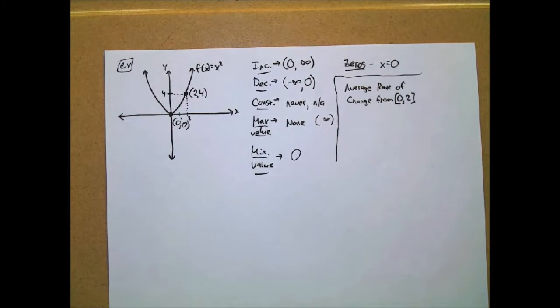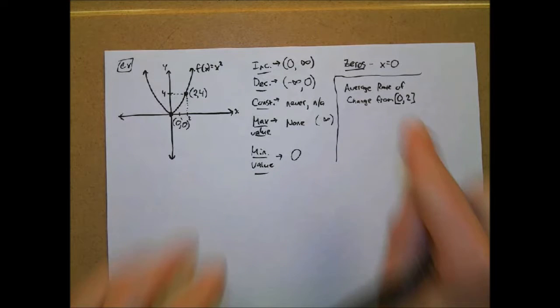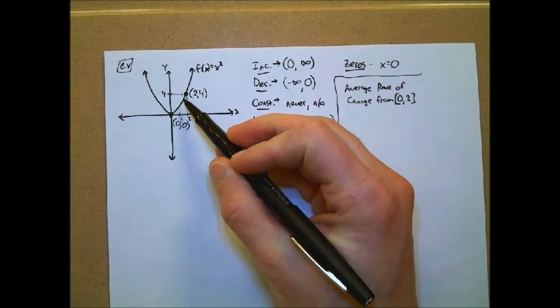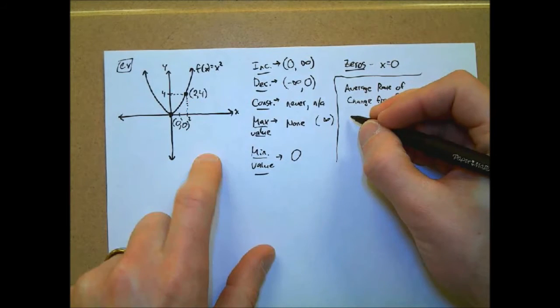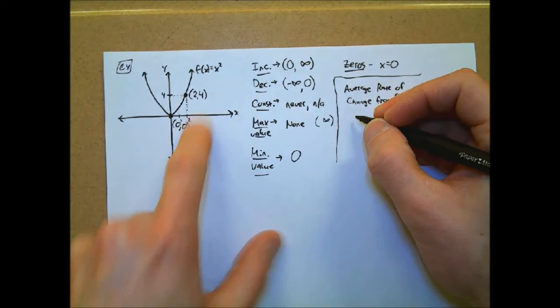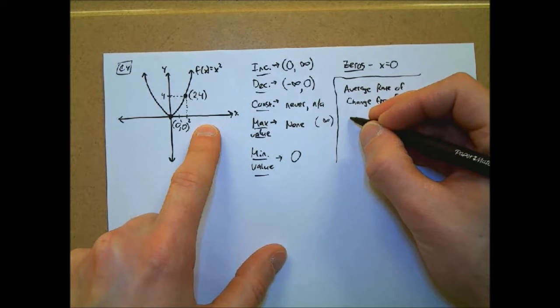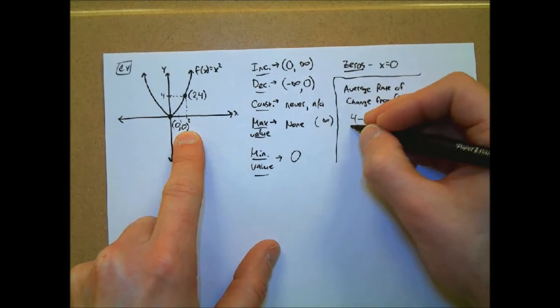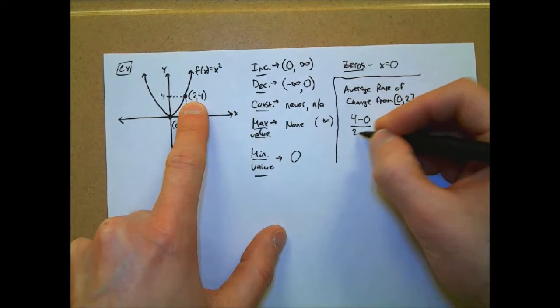So how then do we find the average rate of change from this point to this point? It's the slope formula. So we'll do f of 2, which is 4, minus the other y-coordinate of 0, over 2 minus 0.